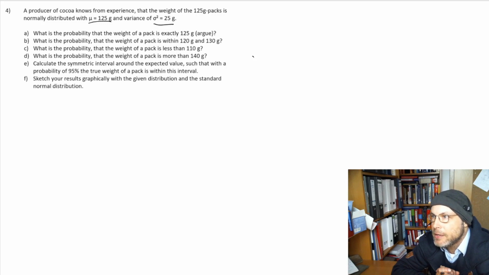So we have here a continuous distribution. And recapitulate, what is the probability of a continuously distributed random variable to have exactly one value?